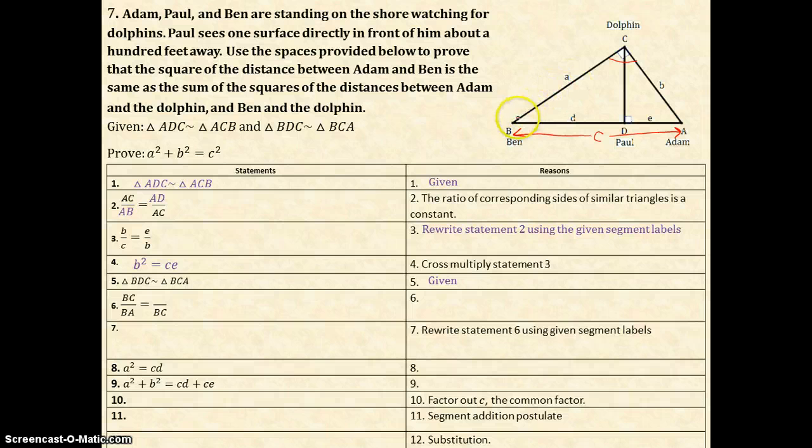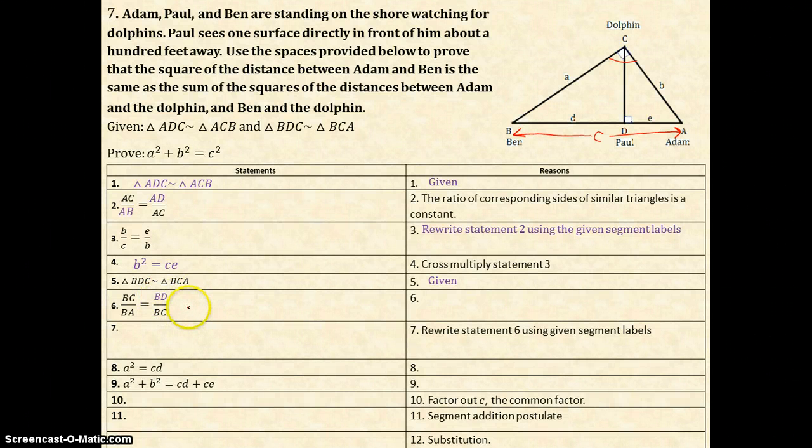So we've got the long leg over the hypotenuse. So this is going to be my long leg, and this is going to be my hypotenuse. Well, BC is the hypotenuse of the medium triangle. So the long leg is BD. So BD is long leg over hypotenuse, so that means it's going to be BD right here.